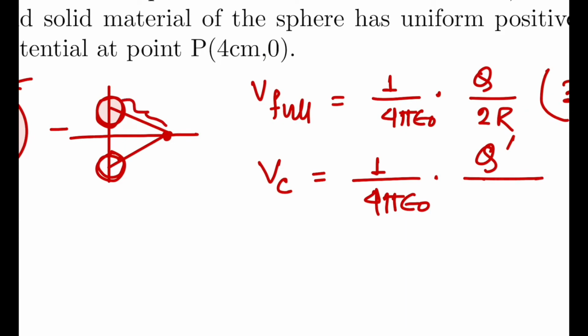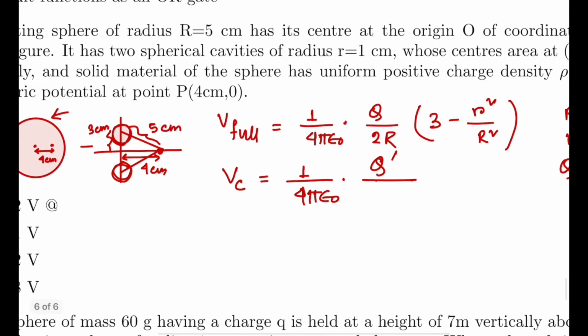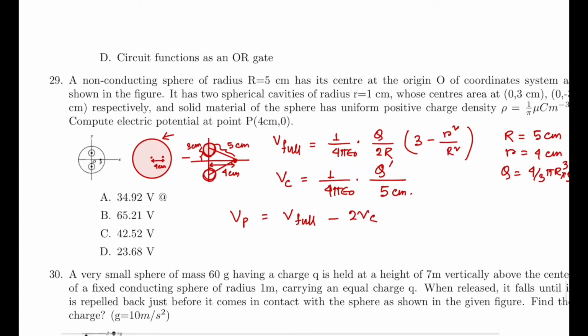So if this is 4 cm, this is 3 cm, so this distance is 5 cm. This is q prime by 5 cm. So the net potential at P would be V full minus twice Vc, and if you calculate, you will get option A. This is a lengthy problem.